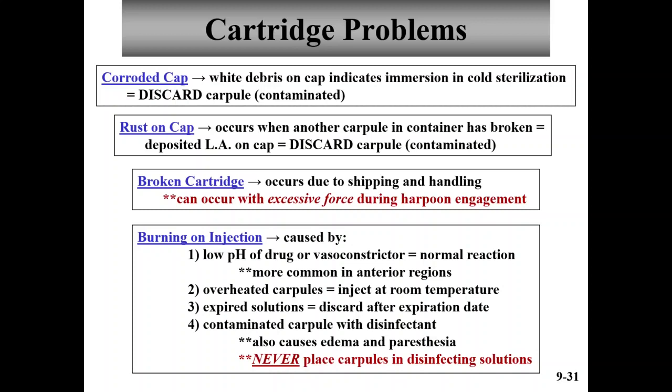There used to be a thing, and maybe you'll work in an office that has it, where the carpules can be heated. If you get them too hot, that will cause burning on injection. And really, carpules should be injected at room temperature.